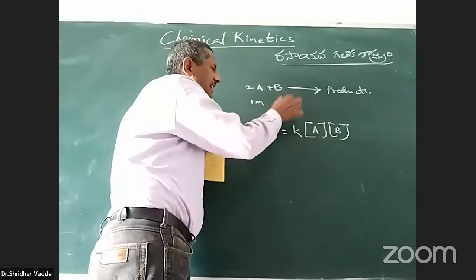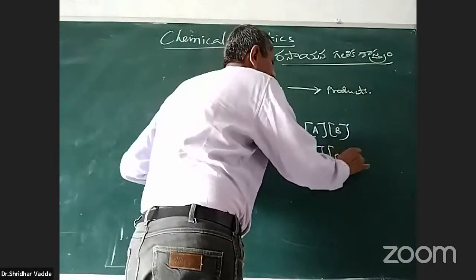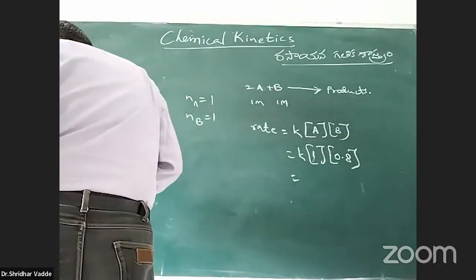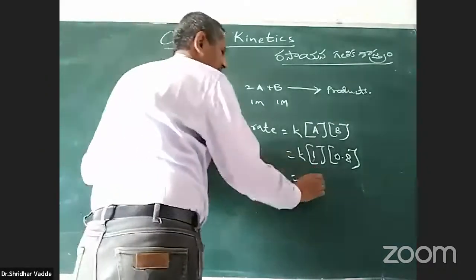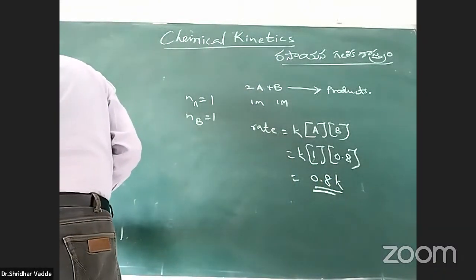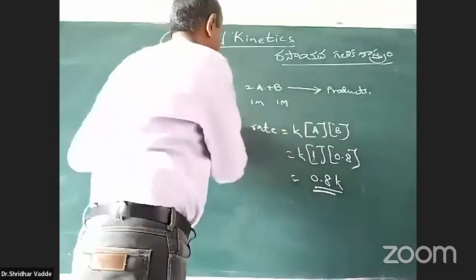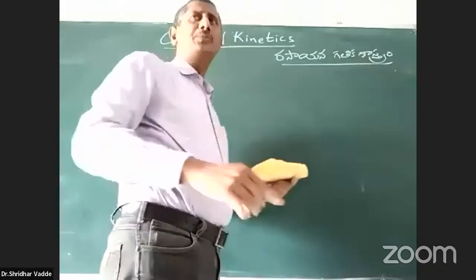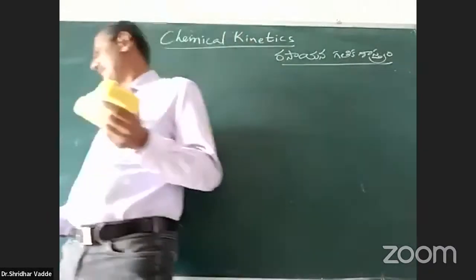The concentration is decreased. That is k into 1 into 0.8. So this becomes how much? 0.8. That's it. Because this is with respect to A and B is 1, the concentration is decreased, that we can keep like that. And next problem.